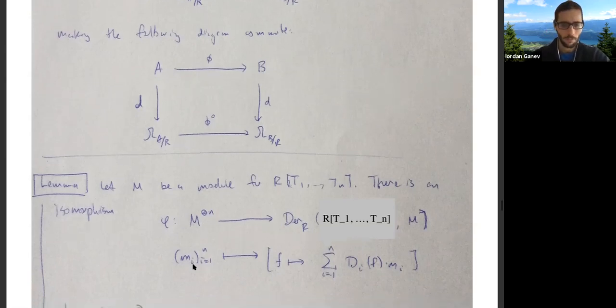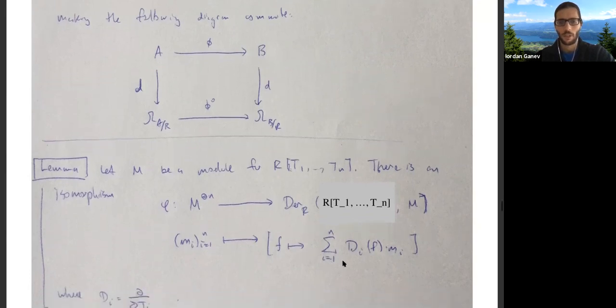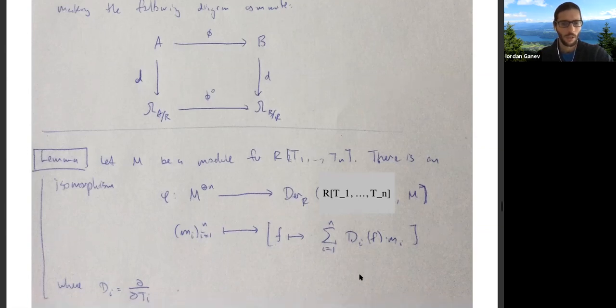Well, if you take something in this direct sum of M, n copies, so the M sub i's, then we can define a derivation that takes a polynomial f. You do the partial derivative of f, and then you let it act on M sub i. So that's coming from the module structure, and then you take the sum of all these things.